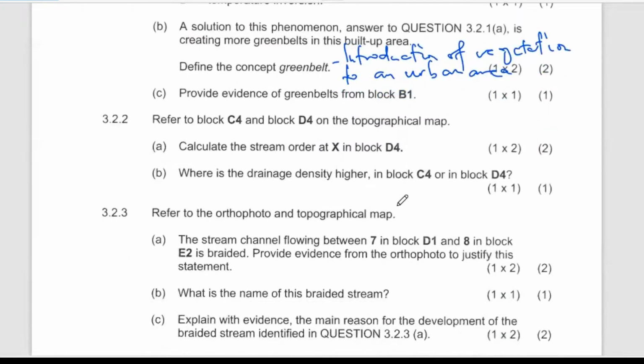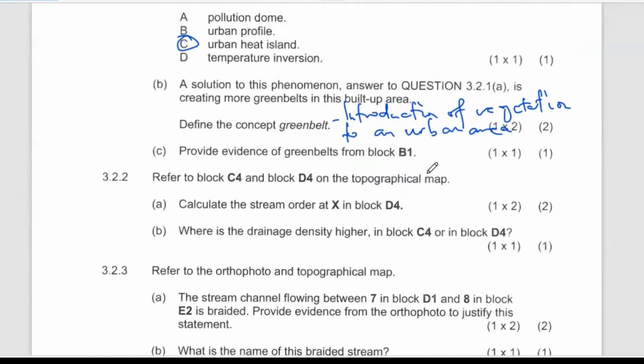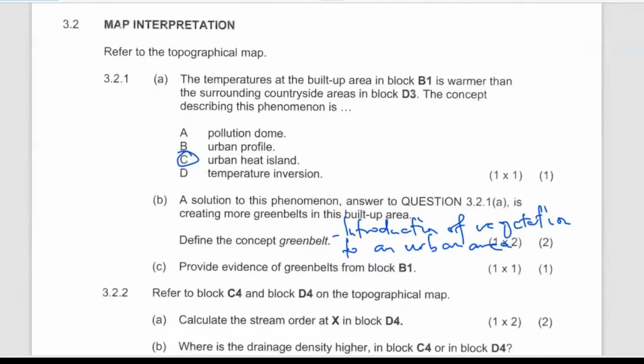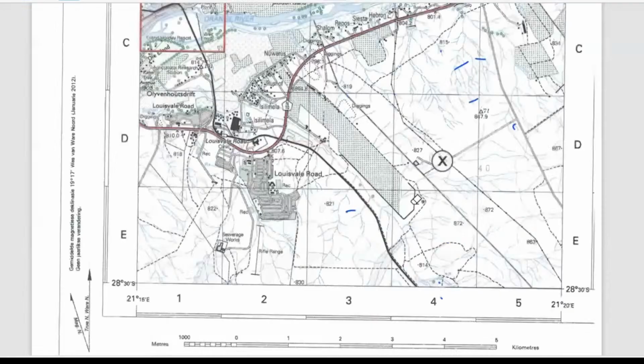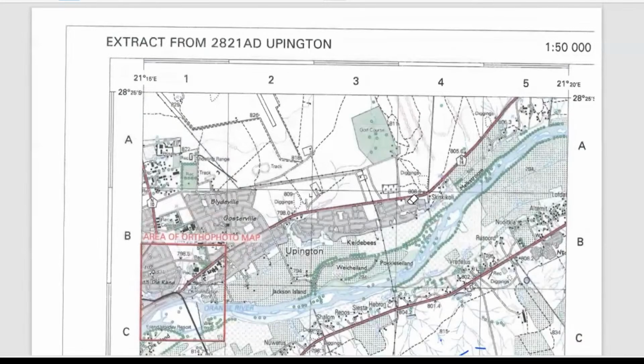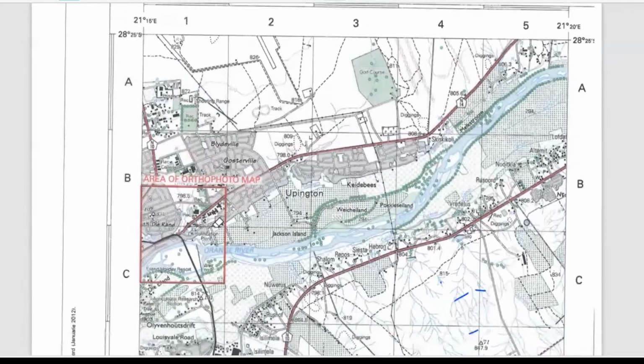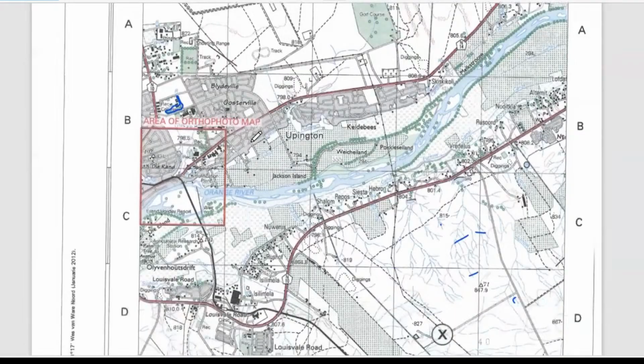Then the next question is saying, provide evidence of green belts in block B1. We need to check block B1 and try to check the evidence of existence of the green belt. Right, in block B1, if we check this part here, it is having this green feature here. What kind of introduction of green belt has happened in that particular area?